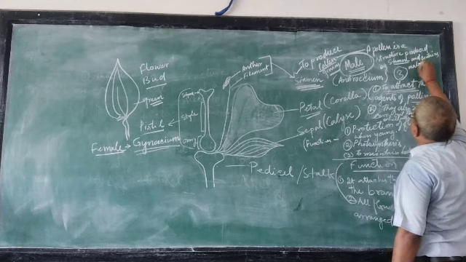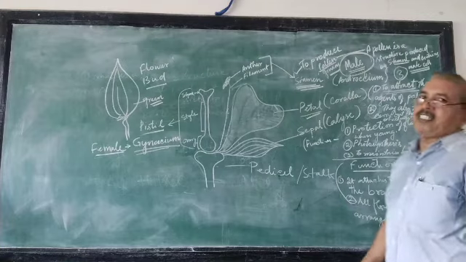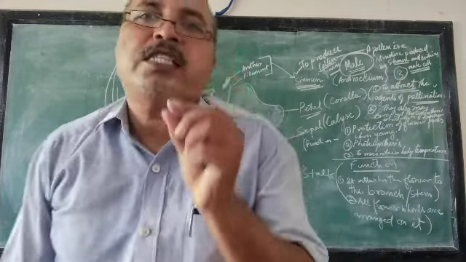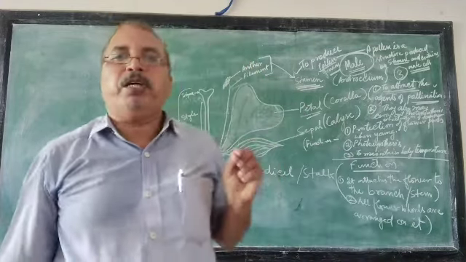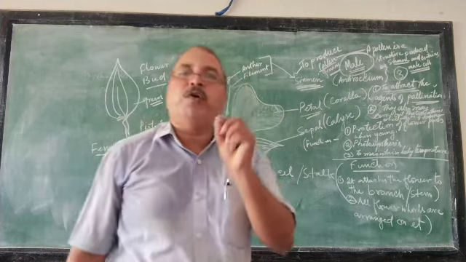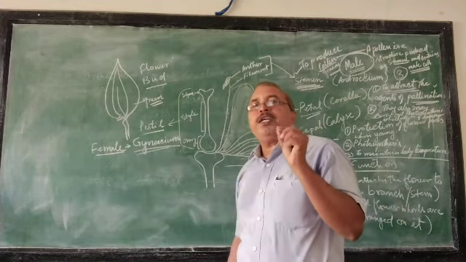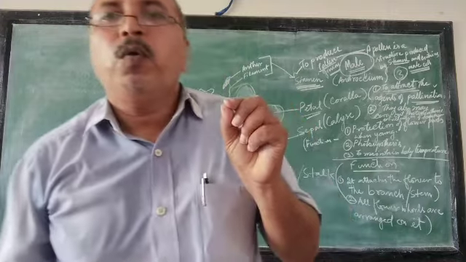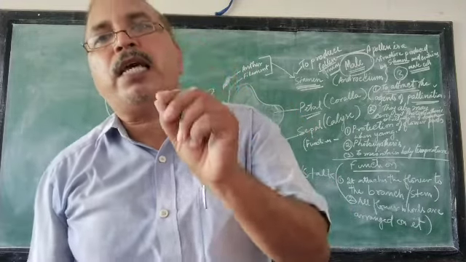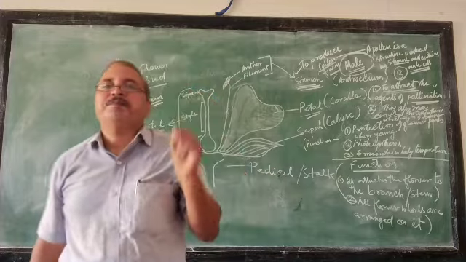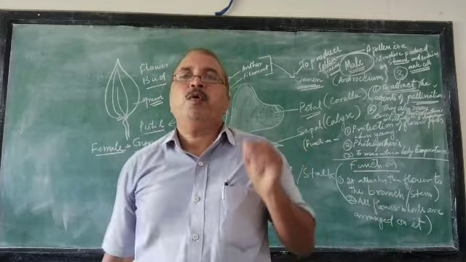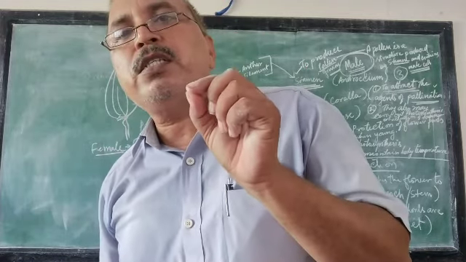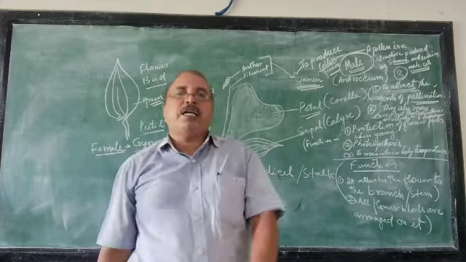A male cell inside this. So, pollen grain is the structure that is produced by whom? Produced by stamen, the male part of the flower, and these pollen grains, what do they have? A male cell inside them. Pollen is a structure which contains a male cell inside it.